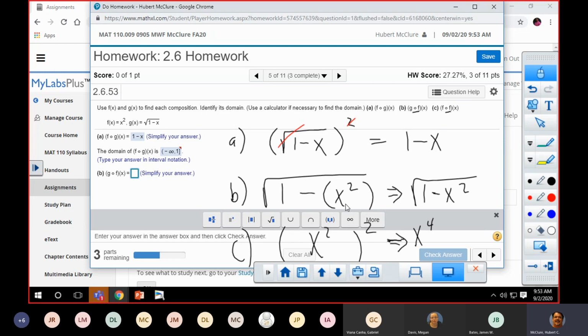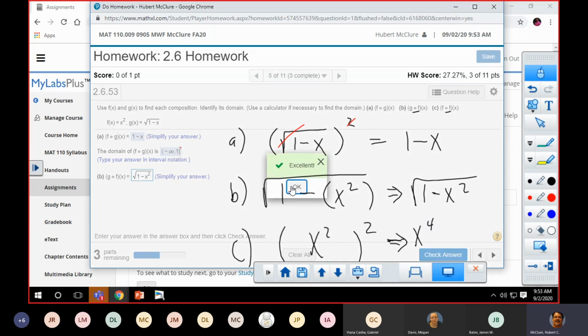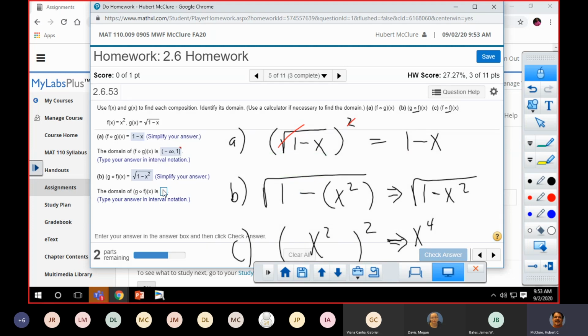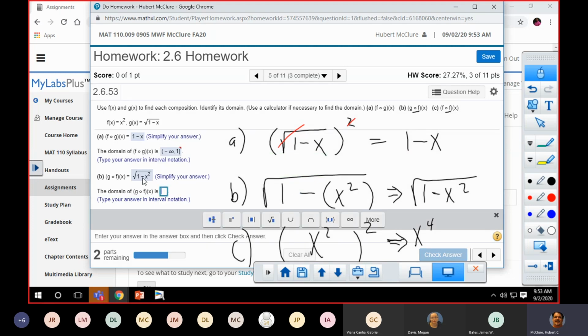All right. So g prime of f would be 1 minus x squared. So that's going to be the square root of 1 minus x squared. And that will be all real numbers probably because, let's see, I'm thinking of 1 minus x squared being negative.